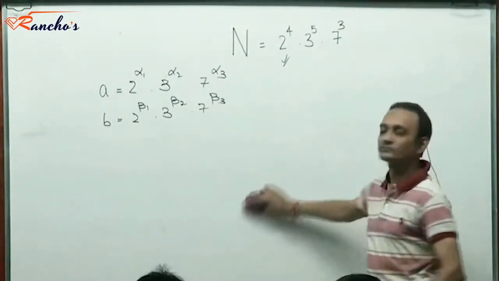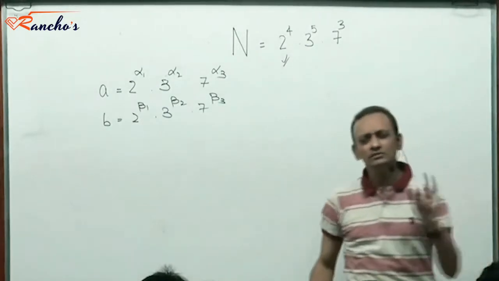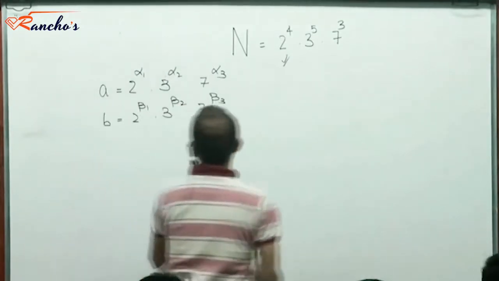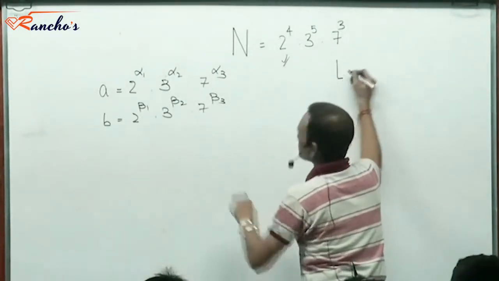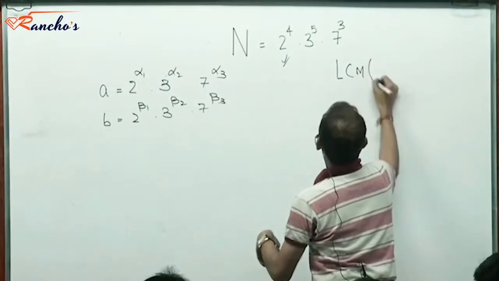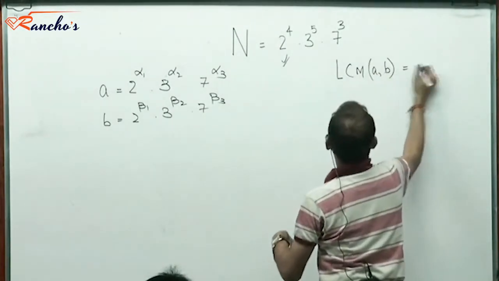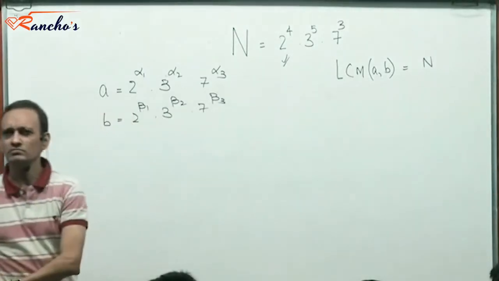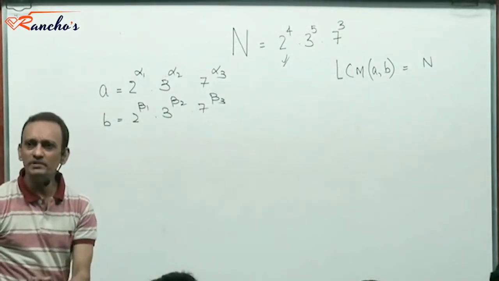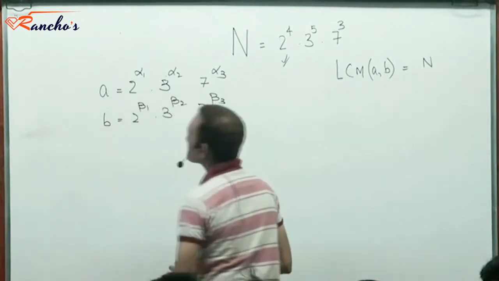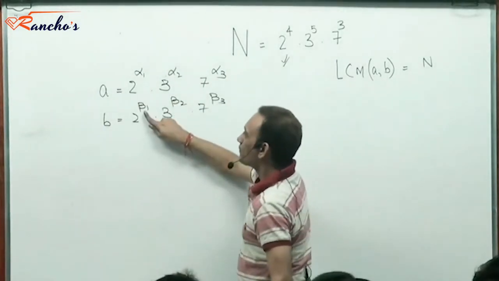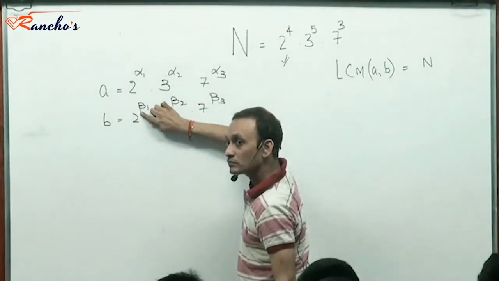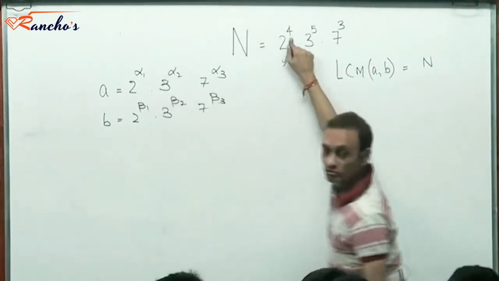Now, look. If the LCM of A and B is n, some very simple things follow. Between alpha 1 and beta 1, the larger of the two must be 4.